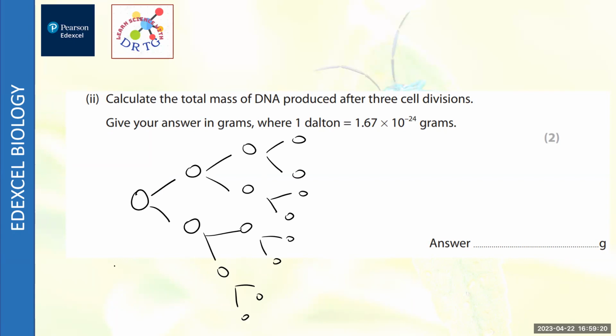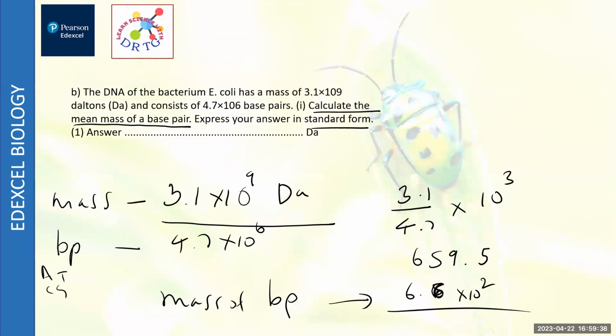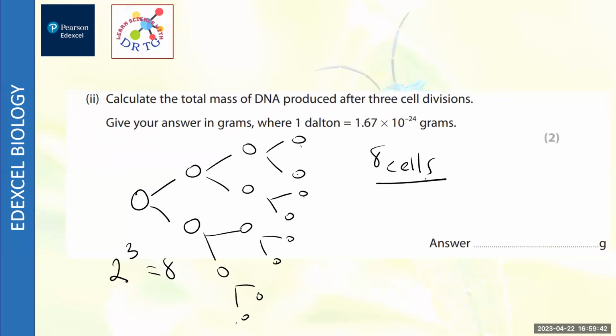So basically, it should be 2 to the power 3, 8, right? 8 cells. After 3 cell divisions, we have 8 cells. And 1 cell has 3.1 multiplied by 10 to the power 9 Dalton. This should be multiplied by 8.